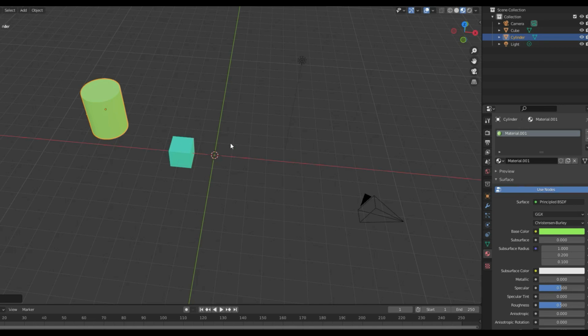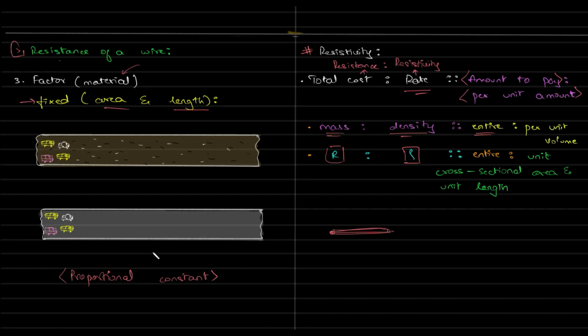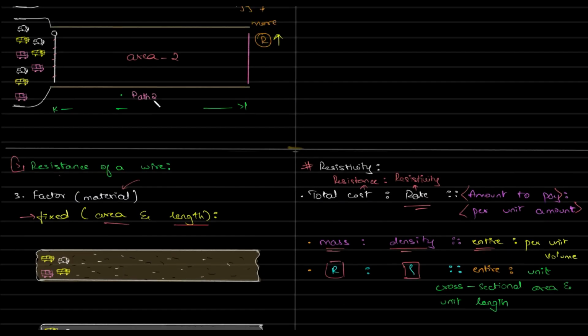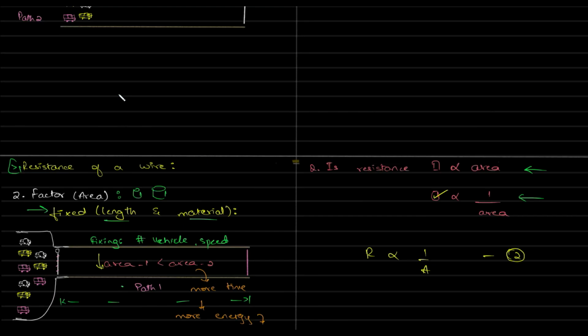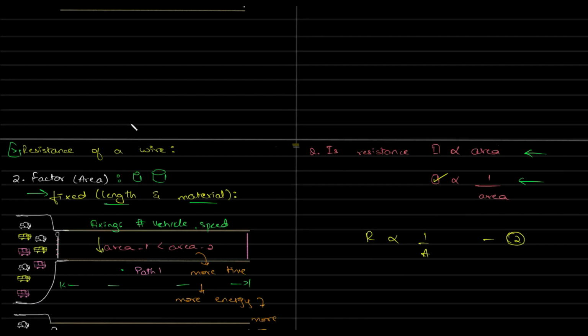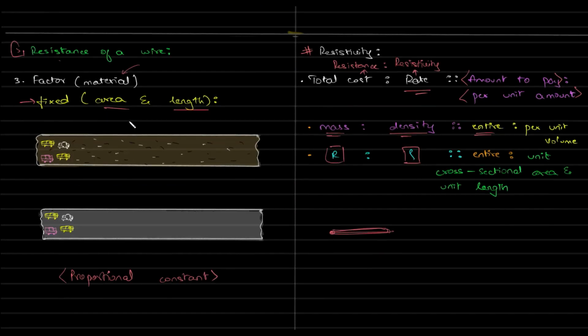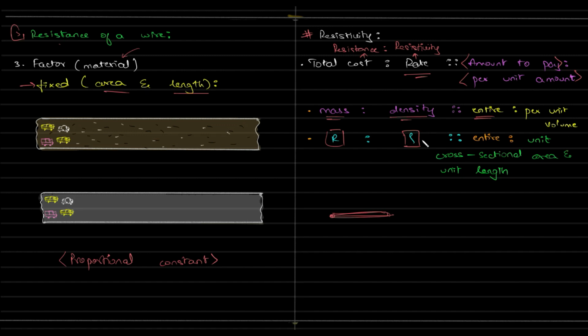It's fixed. Resistivity is always fixed while the resistance can vary. Remember that. This is the proportionality constant that comes out when you derive the formula. So this is your third factor. Till now we have seen 3 factors: area, length, and the third one happens to be resistivity. The next step is to derive the formula out of all of these 3 factors.